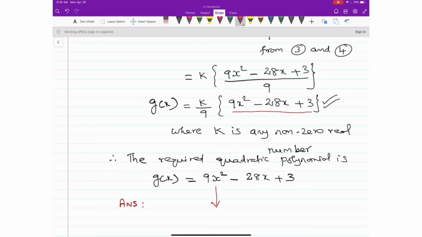But in the board examinations, the questions can be asked in the pattern like what I have done in today's class. See, the basic concept is the same, but questions can be asked in different ways. So you should be thorough with all the types what I have done in today's class.